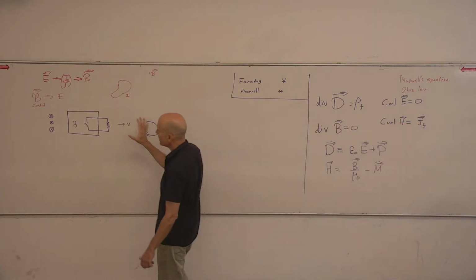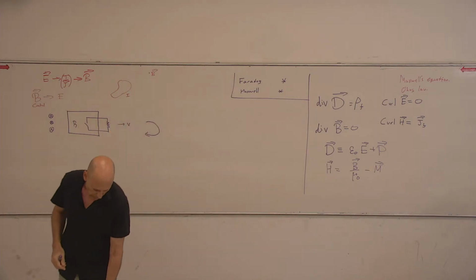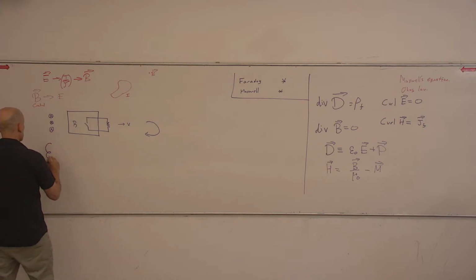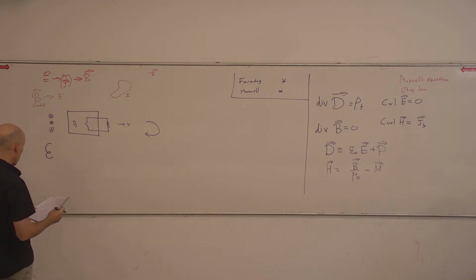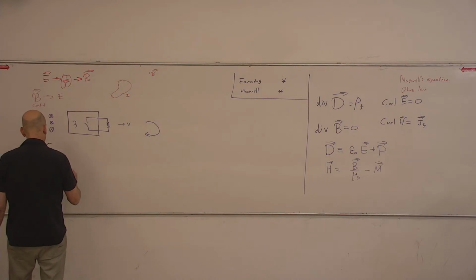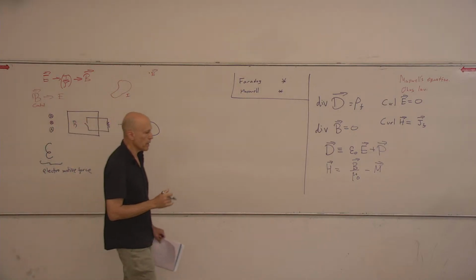So this is the basics of Faraday's law, and we can formulate it with an equation. We are going to define this electromotive force. This is how it's called. I'm not going to say it's good or bad. Is it a force?